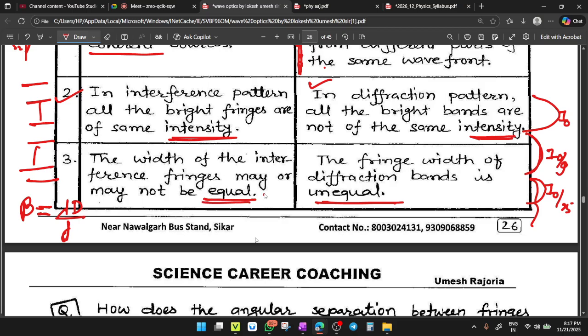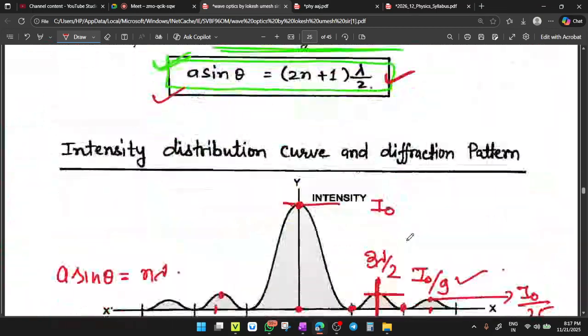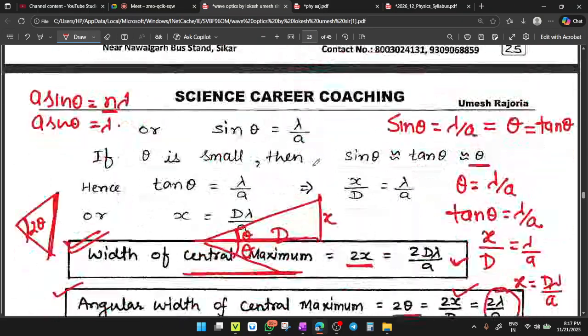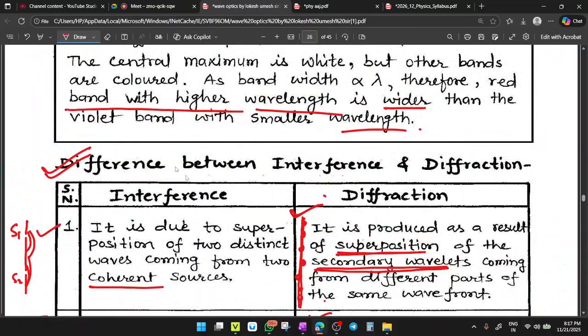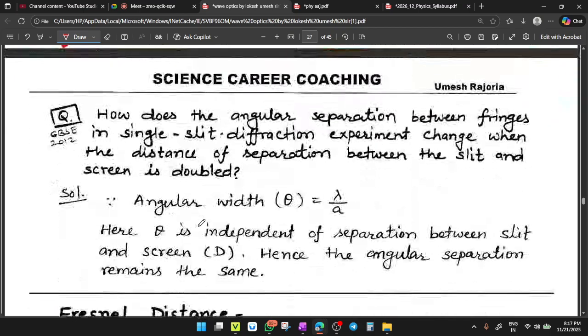Here in this diagram you see the widths are not equal. The central width is maximum, and then afterwards they are not equal. But in interference, the fringe width is given by beta equals lambda D upon small d. So you take it as equal; there is no requirement to write 'may or may not be'. These are supposed to be equal.